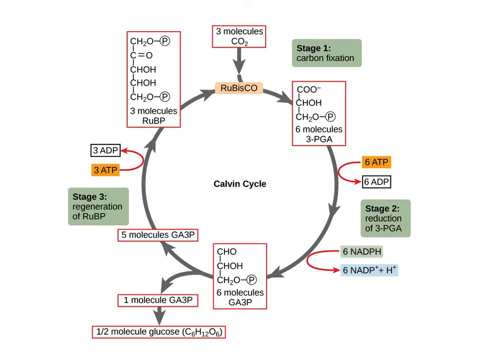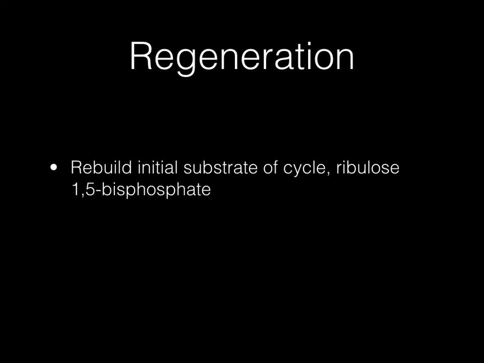All of the rest of the steps, which are numerous, fairly complex, and not shown here, take that 3-carbon glyceraldehyde 3-phosphate and, through a lot of chemical transformations, turn it back into the 5-carbon substrate for the entire cycle that can be carboxylated again by Rubisco and go through the whole cycle. So that phase is called the regeneration part of the pathway. We're regenerating the initial substrate.